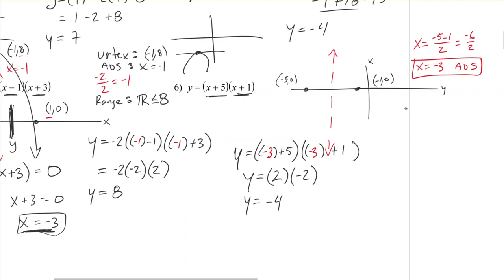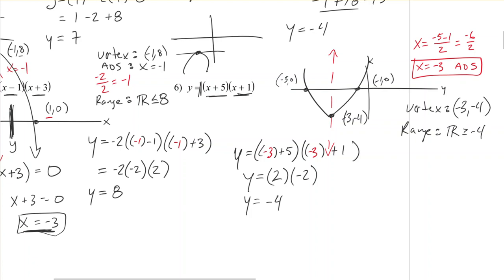So our vertex is negative 3, negative 4, let's say down here somewhere. Our a value is positive, so we're going up. So then our range is all real numbers that are greater than or equal to negative 4.